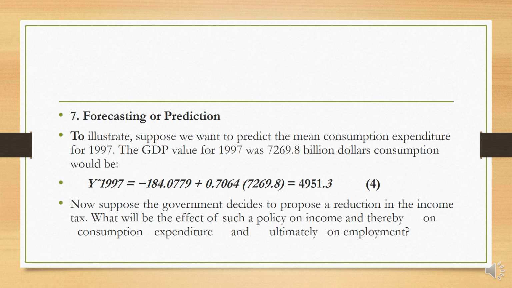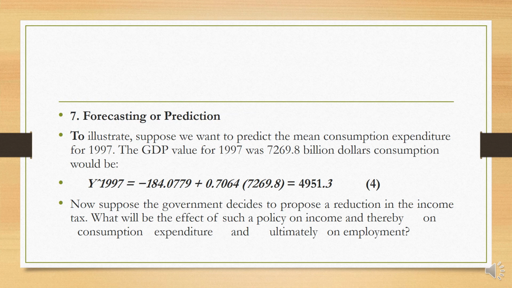Number 7, forecasting or prediction. To illustrate, suppose we want to predict the mean consumption expenditure for 1997. The GDP value for 1997 was $7,269.8 billion. Consumption would be Y hat 1997 is equal to minus 184.0799779 plus 0.7064 into x.